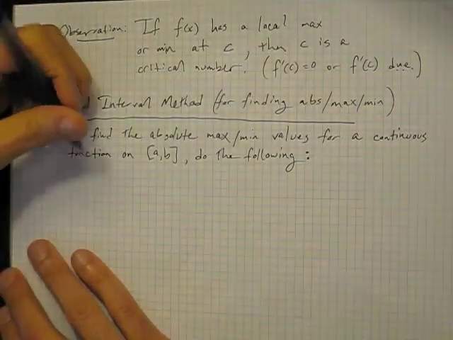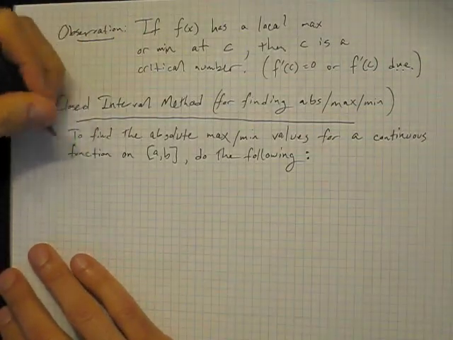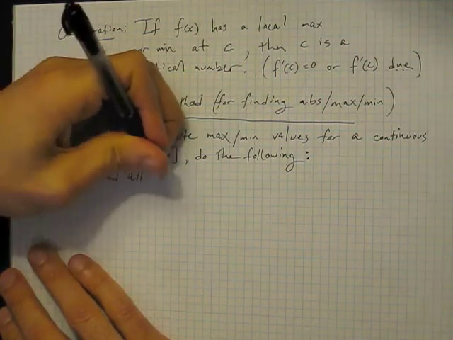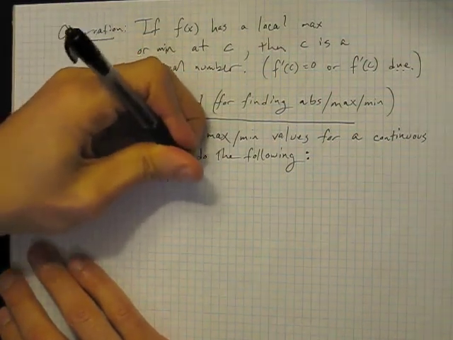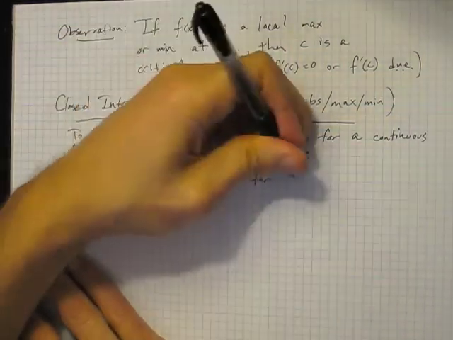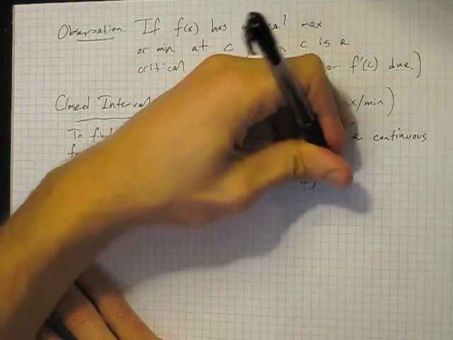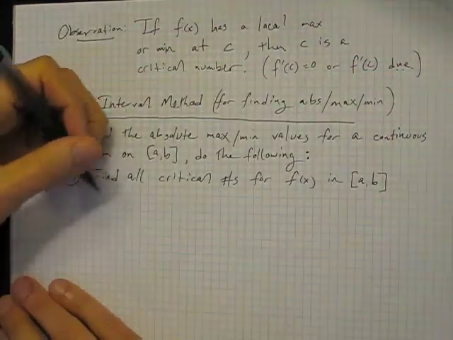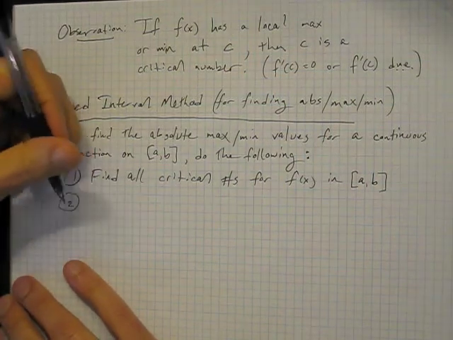Okay, so step one is we find all critical numbers for f of x in (a, b). Okay, so that's the most important one.